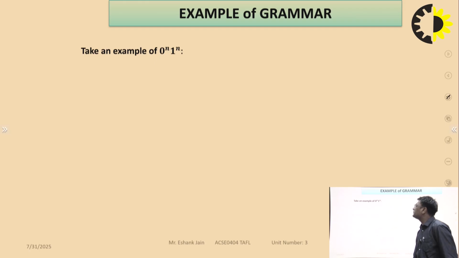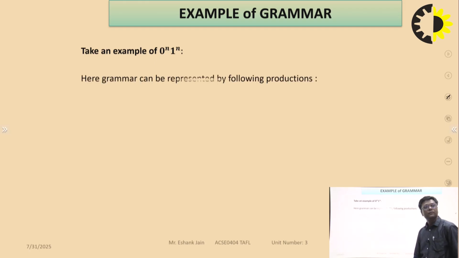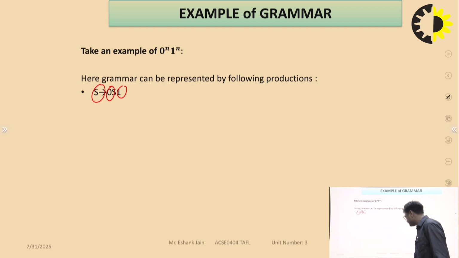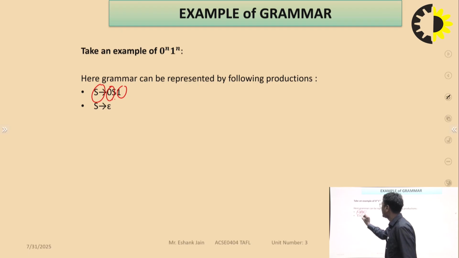Take an example of 0 to the power n and 1 to the power n. We have seen that this grammar can be represented by the following productions. S tends to 0S1, where S is the starting symbol and 0 and 1 are the terminals, and S tends to epsilon.